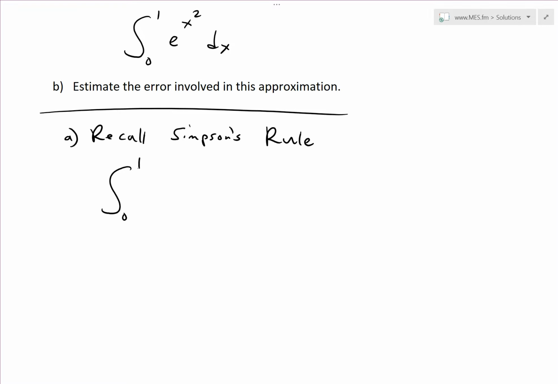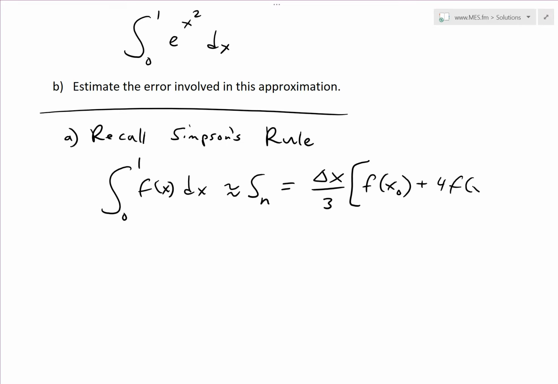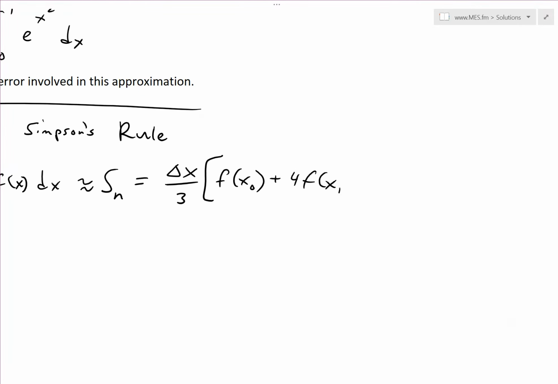If you have the integral of f of x dx, this is approximately equal to the Simpson's rule approximation, which equals 2 delta x over 3, times f of x 0, plus 4 f of x 1, plus 2 f of x 2, and so on.